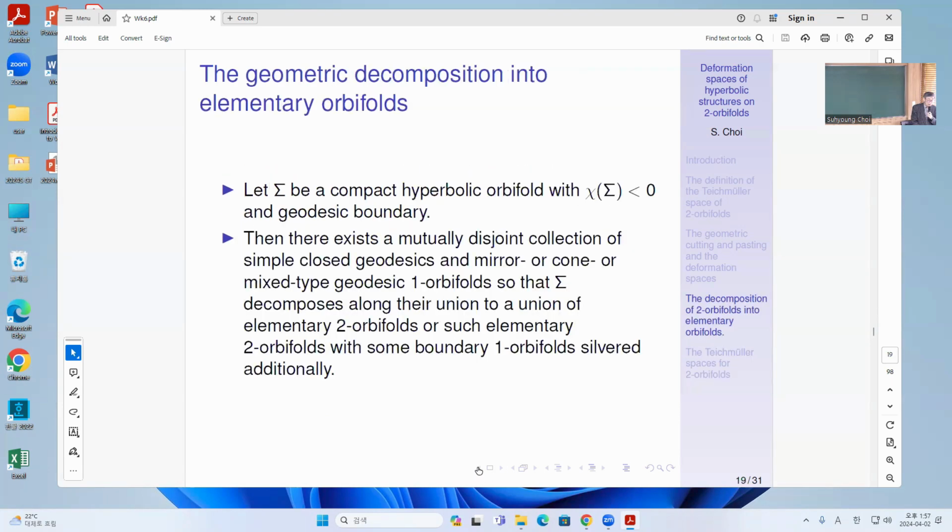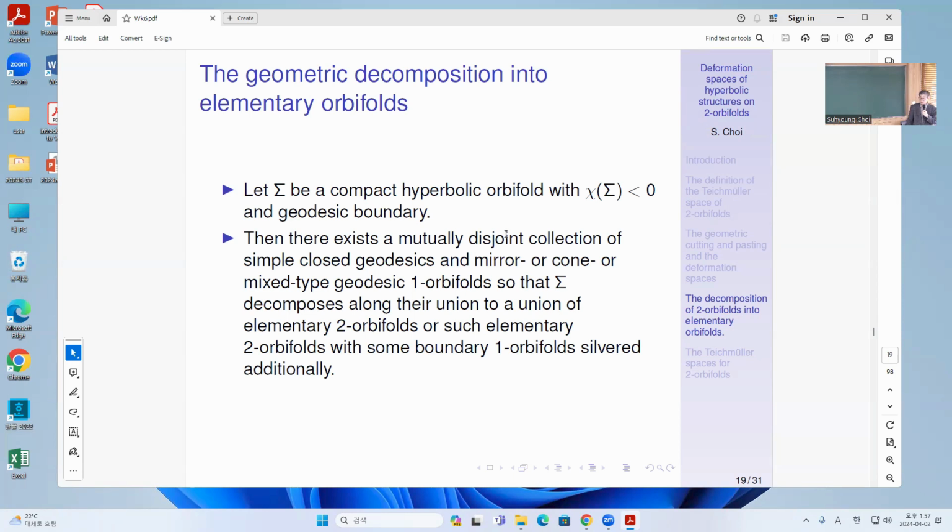Basically, what we do is take some compact hyperbolic orbifold with negative Euler characteristic and geodesic boundary. Then there exists a mutually disjoint collection of simple closed geodesic, mirror, cone, or mixed type geodesic one-orbifolds, so that you can decompose it into a union of elementary orbifolds, or some elementary orbifold with some boundary one-orbifold cells, but additionally, okay.